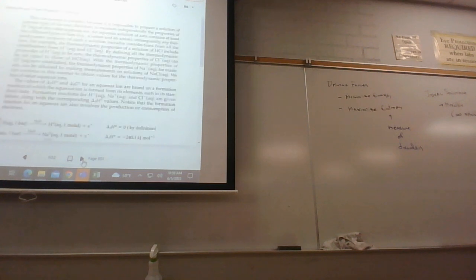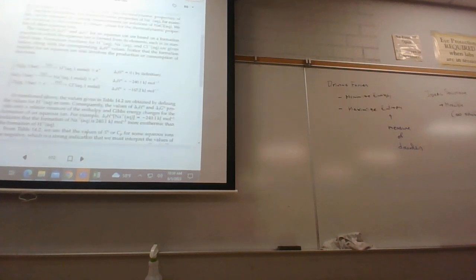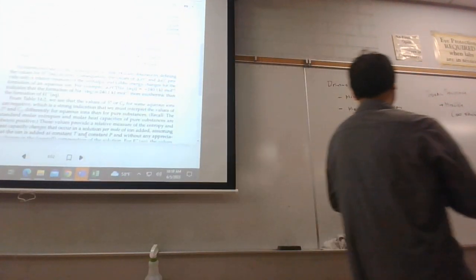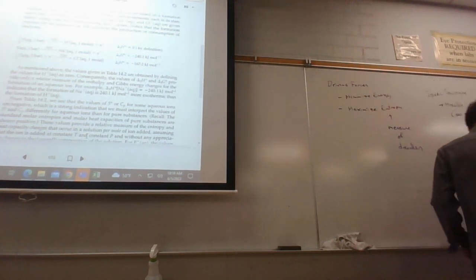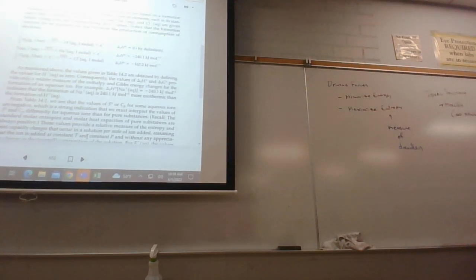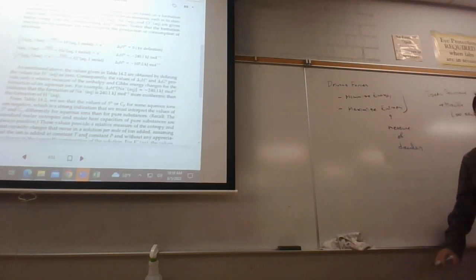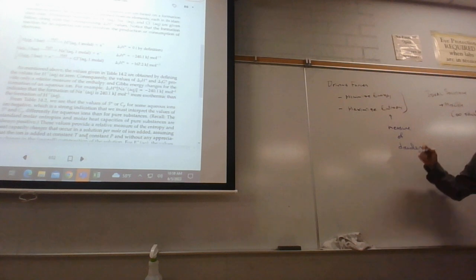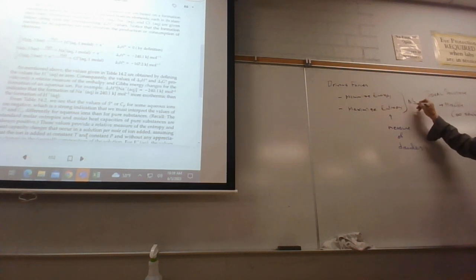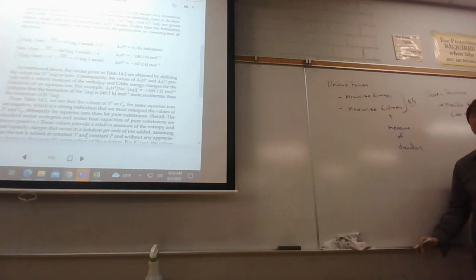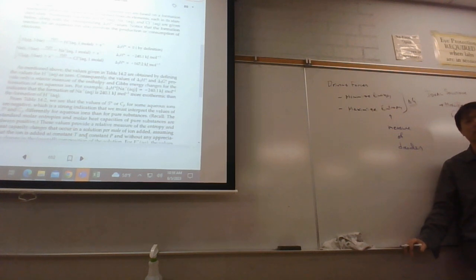What's delta G of formation? Delta G of formation is this. We need one equation that does both of these. We want to minimize and maximize. Sometimes they conflict. And so this is our delta G. So our delta G takes care of both, and therefore we don't have to worry.